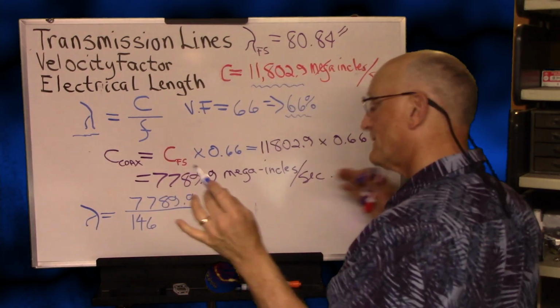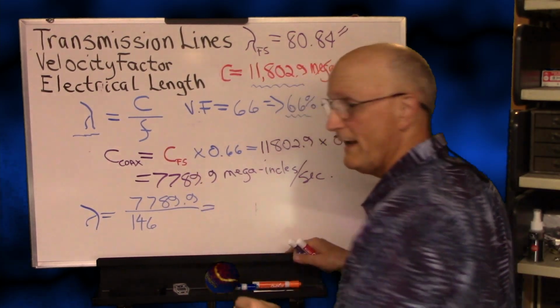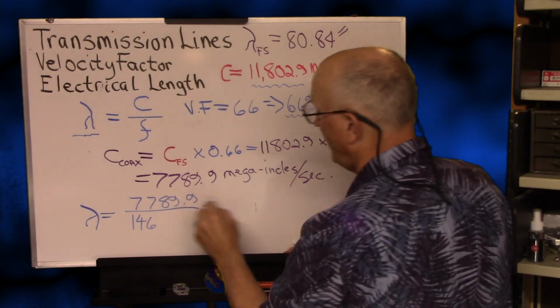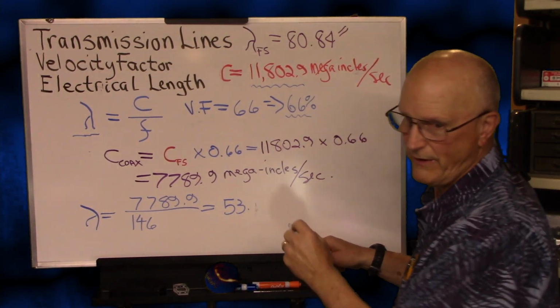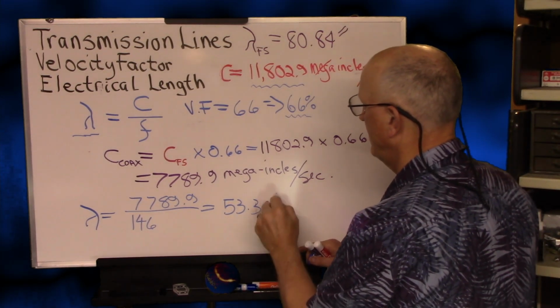So the megas cancel out. And now we get lambda, or the wavelength in this coax, is 53.36 inches.